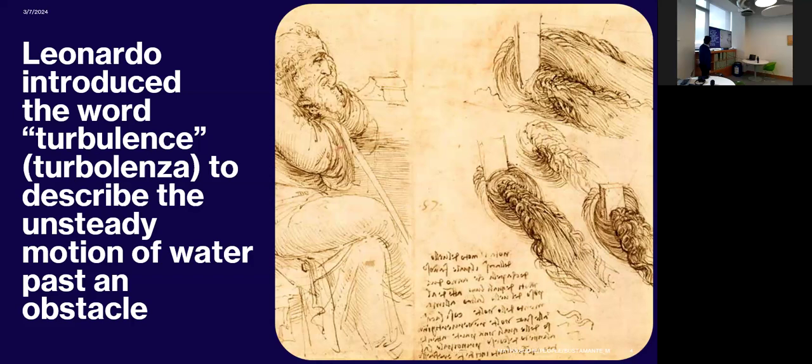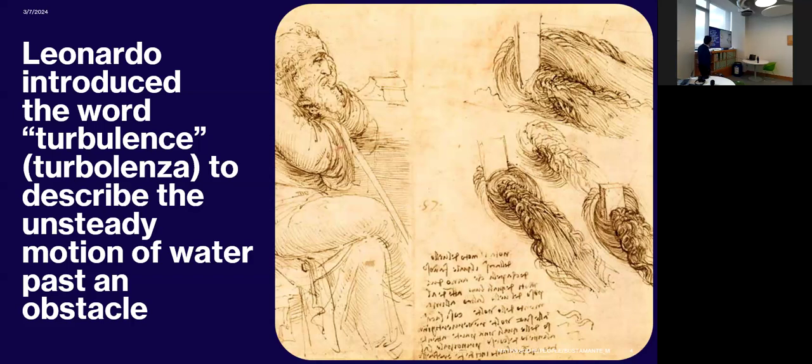But there's a little bit of controversy about what he meant by turbulenza. Some people say maybe he meant turbidity of water and not this state of motion. But anyway, he obviously was aware that there was something nice going on there, and that it would start very strong and then decay kind of far away from the obstacle.